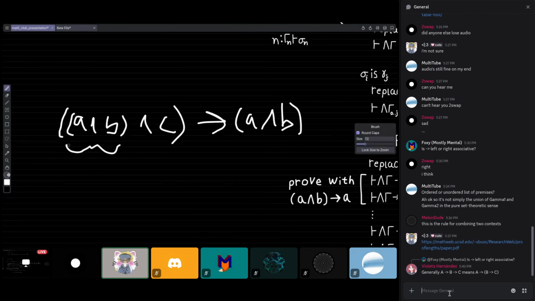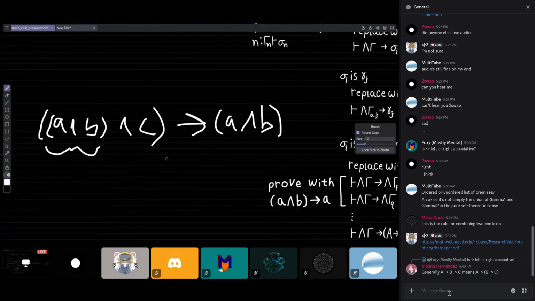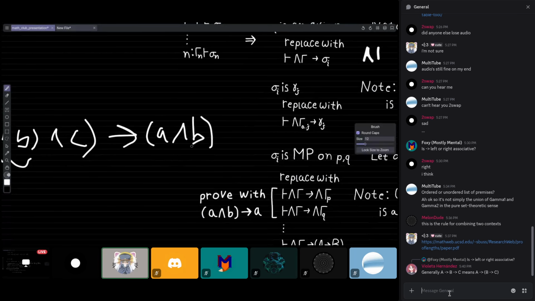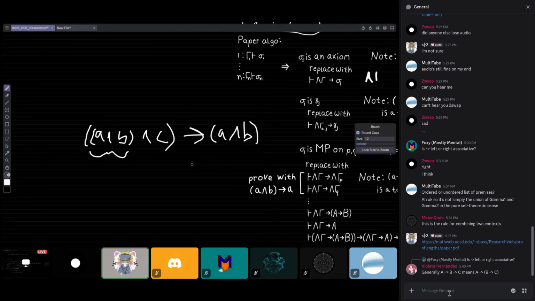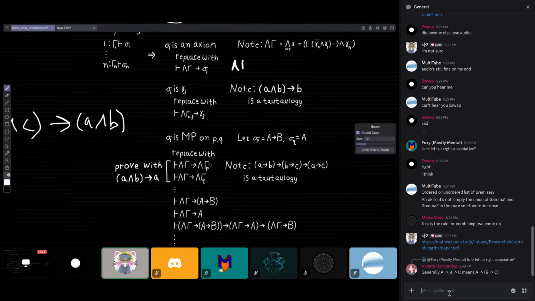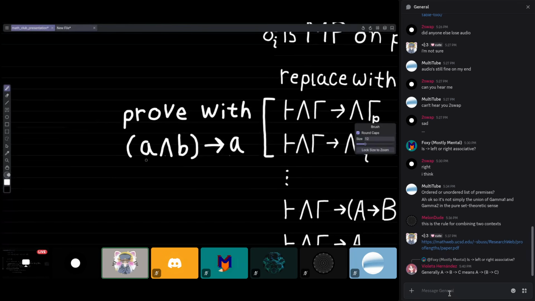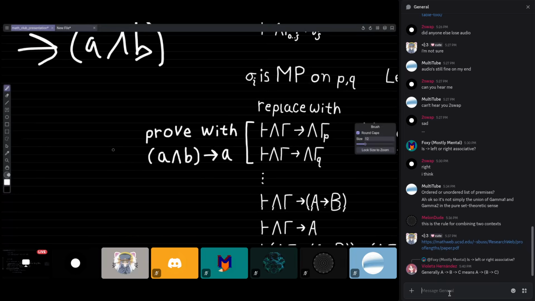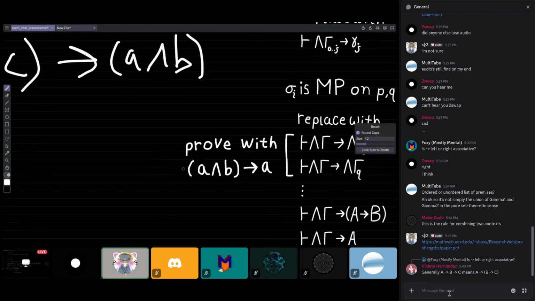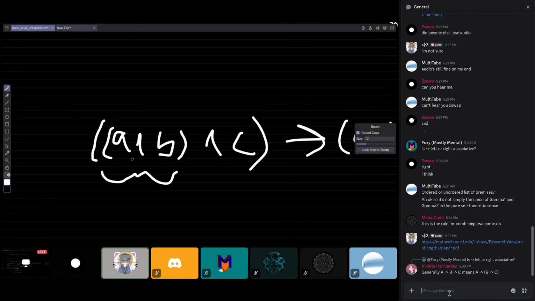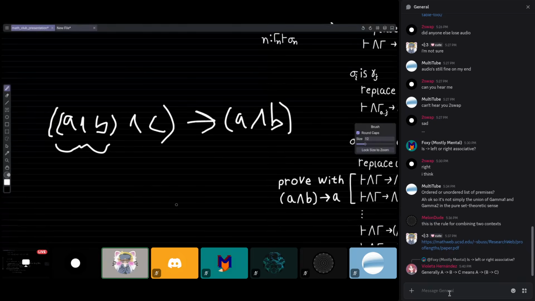We just want to show that from A and B and C, if this whole statement is true, then we can show that just A and B is true. It turns out that this is a tautology. It's the and-left tautology. So you can just iteratively apply this to get a proof of your smaller context.